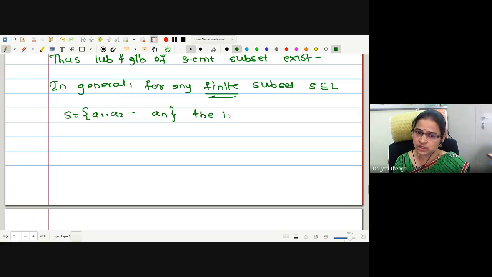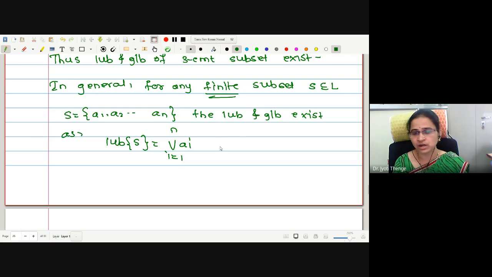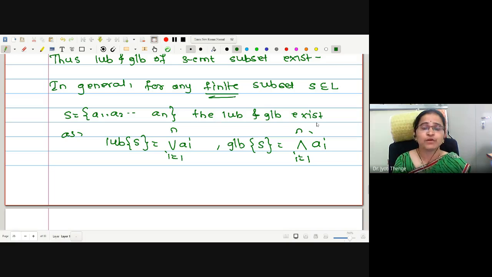The LUB and GLB exist, and LUB of the set S is join Ai, i equals 1 to n, and GLB of the set S is meet Ai, i equals 1 to n. Therefore, for every finite subset S of the lattice, the GLB and LUB exist.